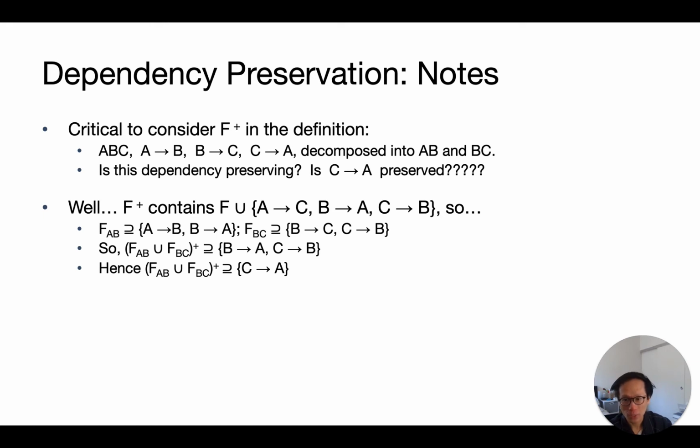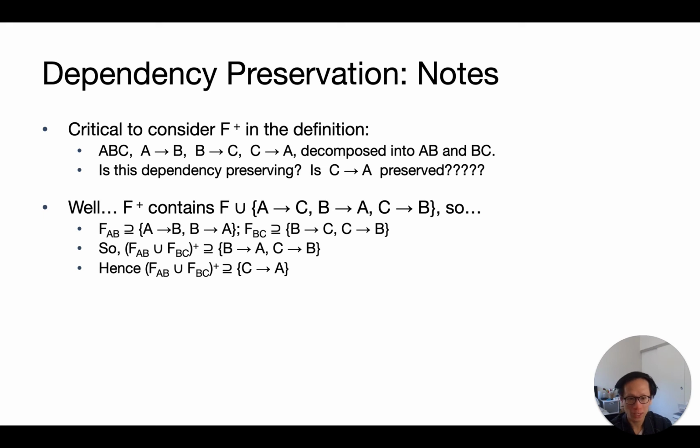So (F sub AB union F sub BC) closure contains B determines A from F sub AB, and C determines B from F sub BC. So when we take the closure of just those two things by transitivity, we also have C determines A.